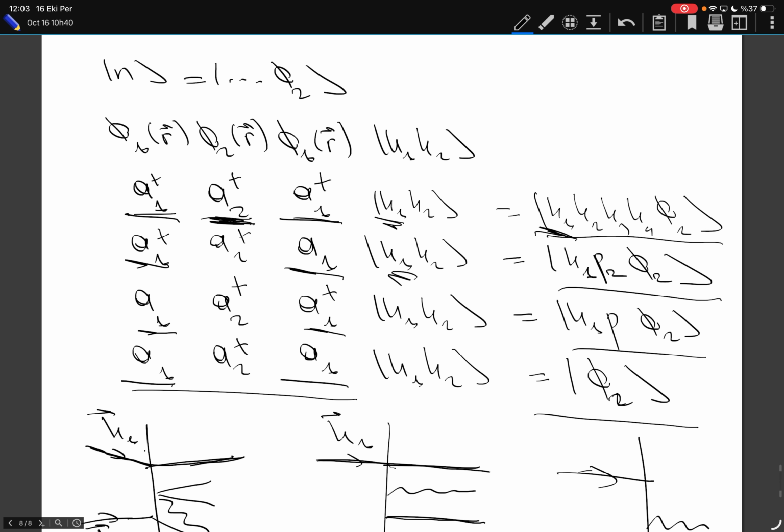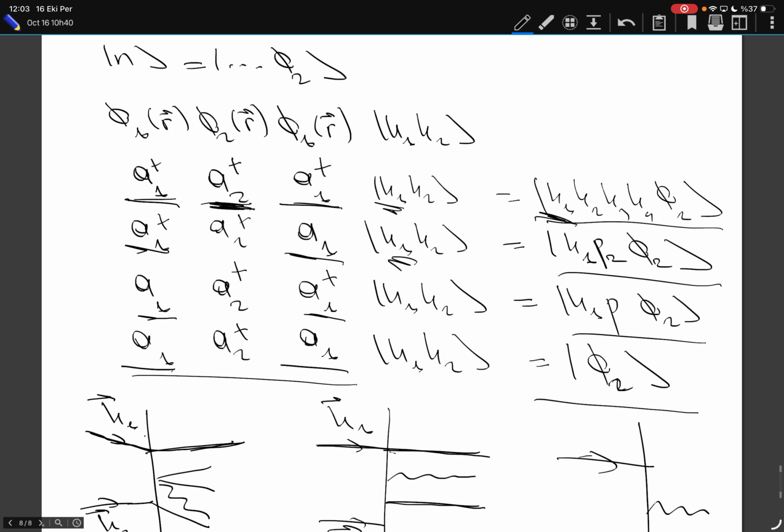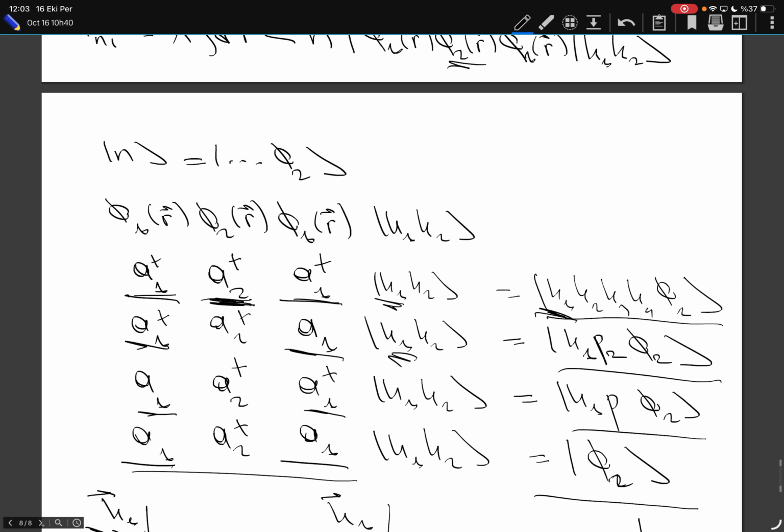Let's try to just write down and calculate these. Let's say, for example, what will be the matrix element corresponding to this one?